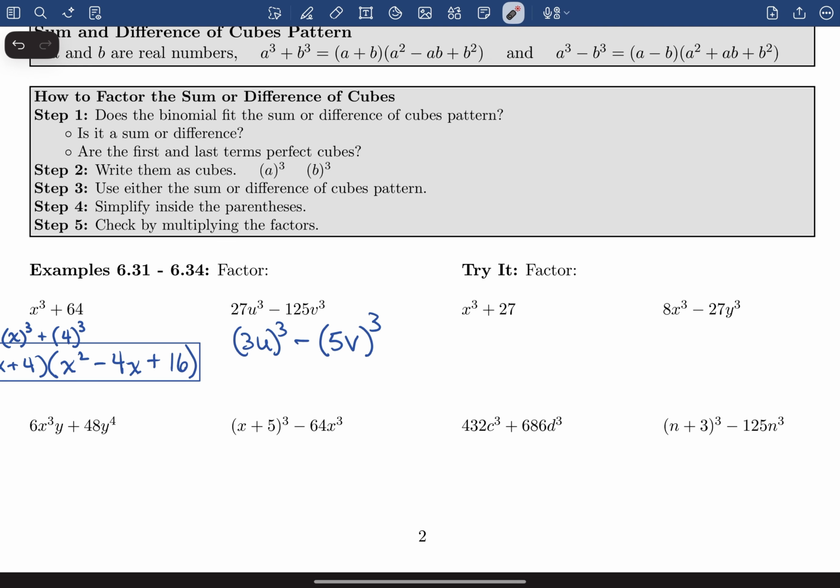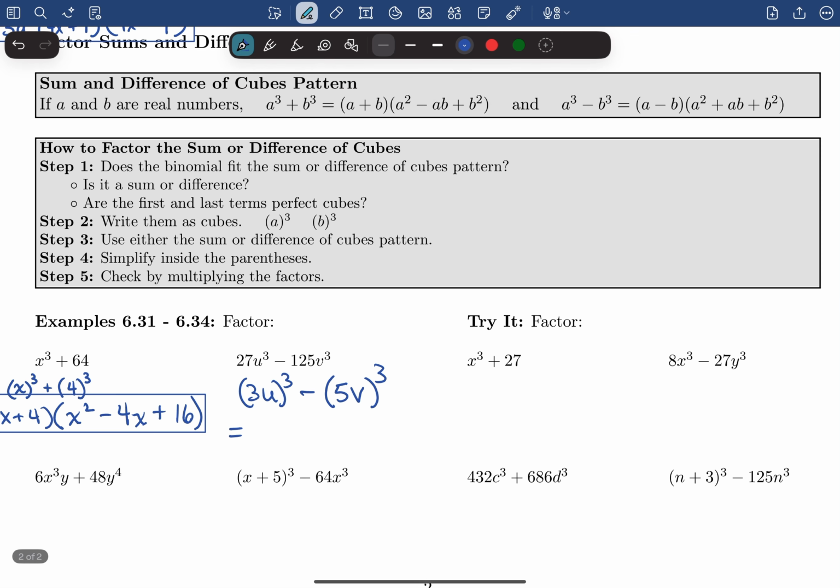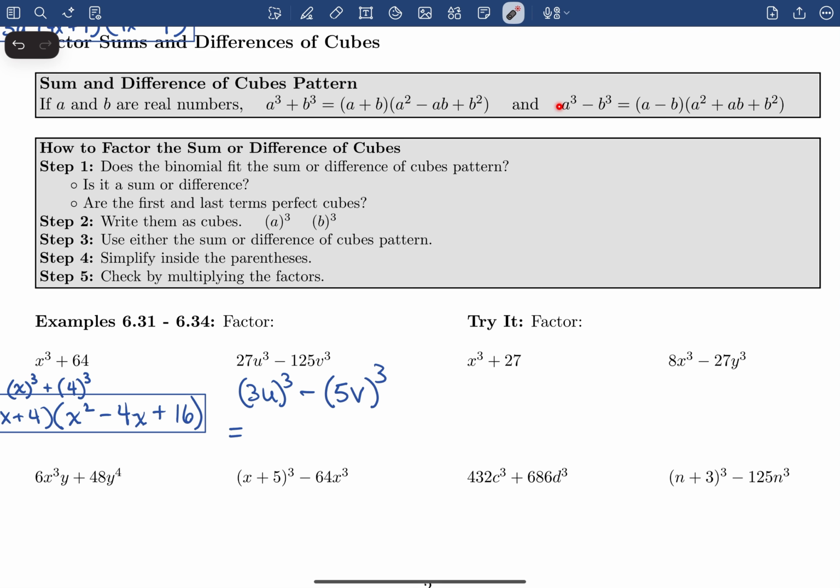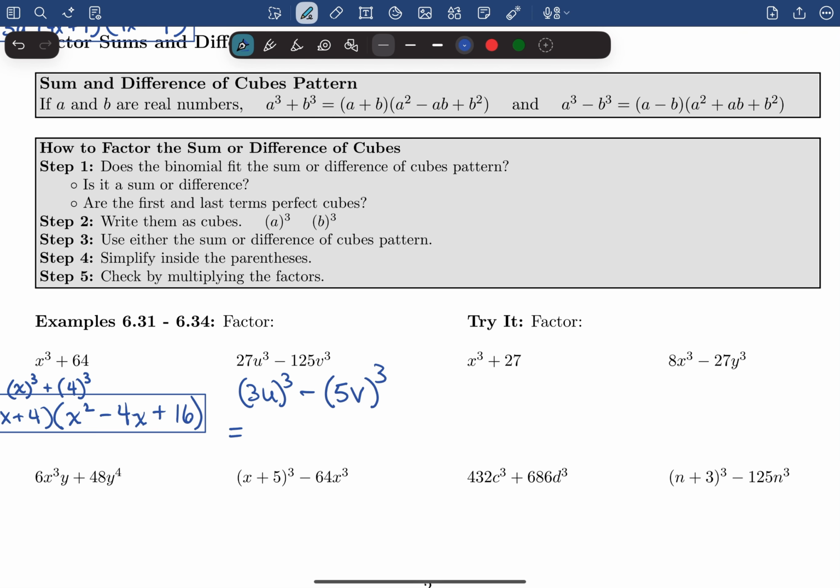Now that I have rewritten this as this, I notice that it's the difference of cubes, and I jump into the factoring pattern, which is here above. We're going to use this factoring pattern. These factoring patterns are on your test formula sheet to refer to, but you have to know how to use them for your success.